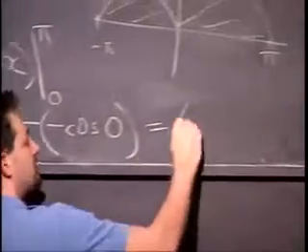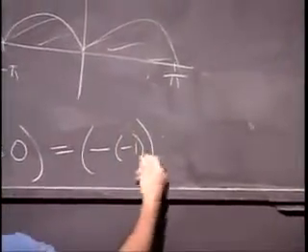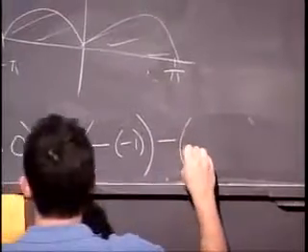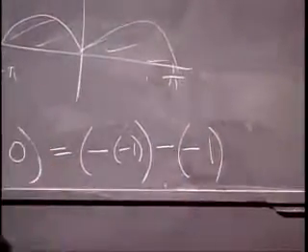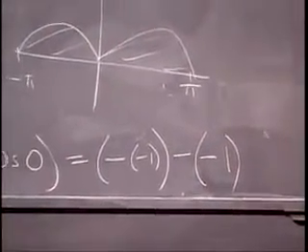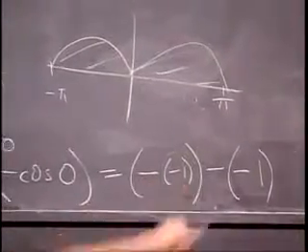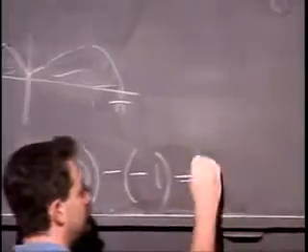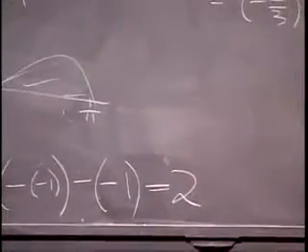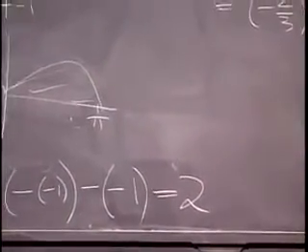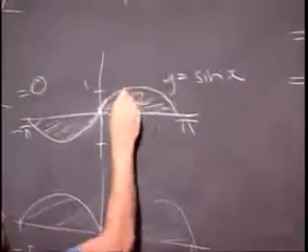So this is minus 1 minus 1. Cosine of 0 is 1. So if you've gotten the minuses the correct way, this should be 1 plus 1, which, as we all know, is 2. So this area here is 2.